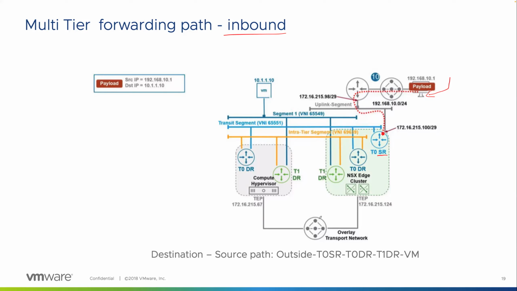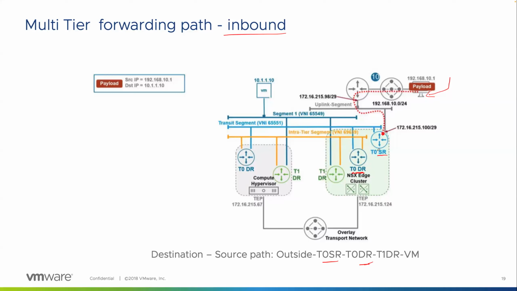T0SR will check its routing table to see the next hop, which is T0DR, which is the closest DR to the T0SR, right?